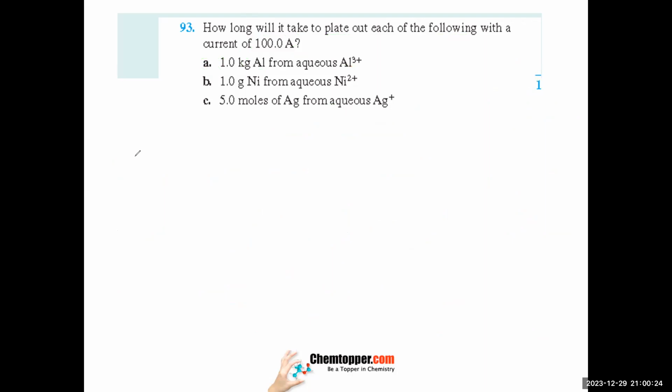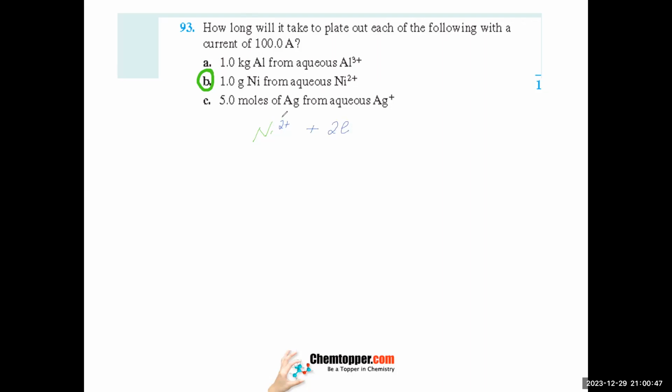Can we do this one, children? Ready? First, write the equation. What's the equation? That nickel 2 plus gaining 2 electrons.